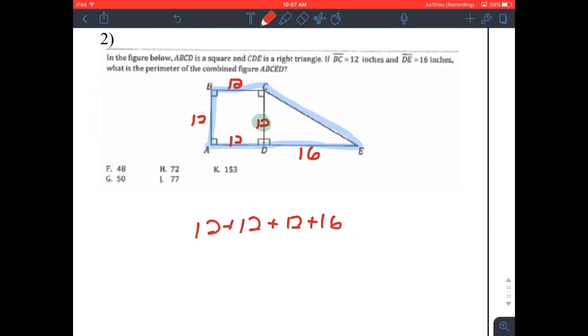So right now we're at 52, which means that cannot be the answer. If you just wanted to estimate, what could the length of this side over here be? It's going to be bigger than 16, and bigger than 12, but it's not going to be that much bigger. What did we say that was? 52, I think. So right now we're at 52.